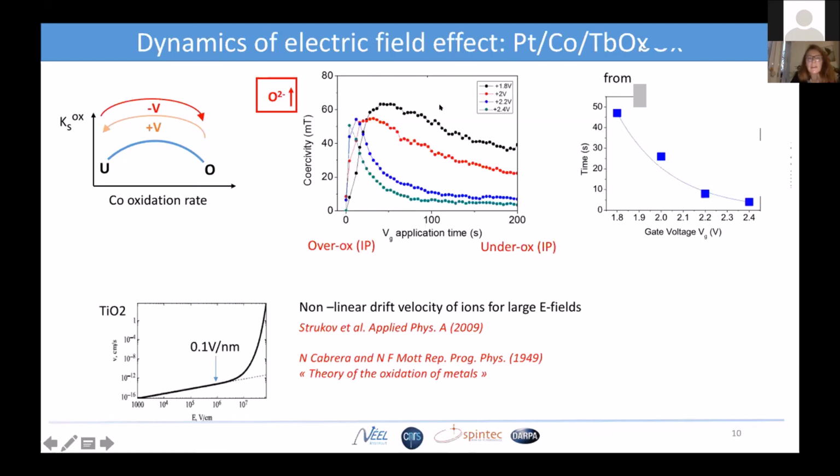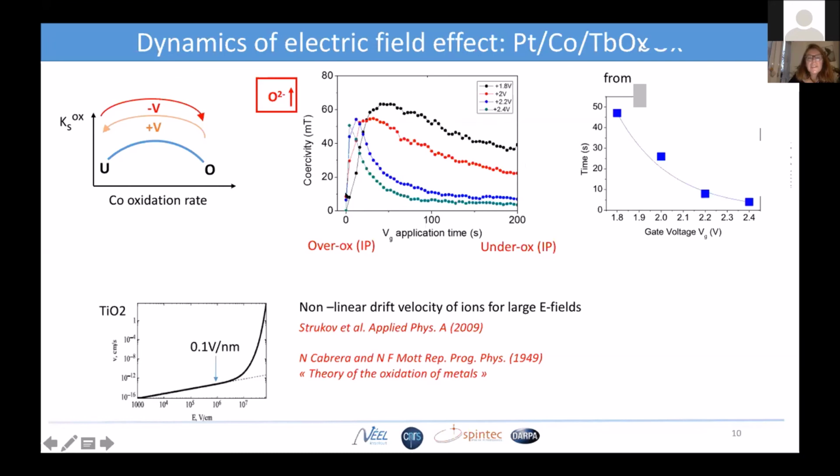As the gate voltage is applied, you first have a fast increase of the coercivity up to the maximum anisotropy, and then a slower decrease of the anisotropy after the maximum.